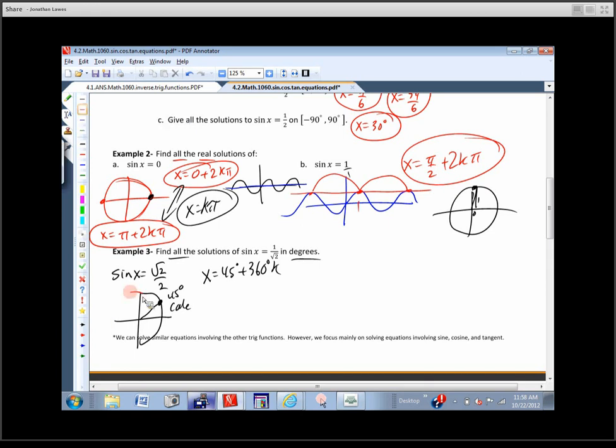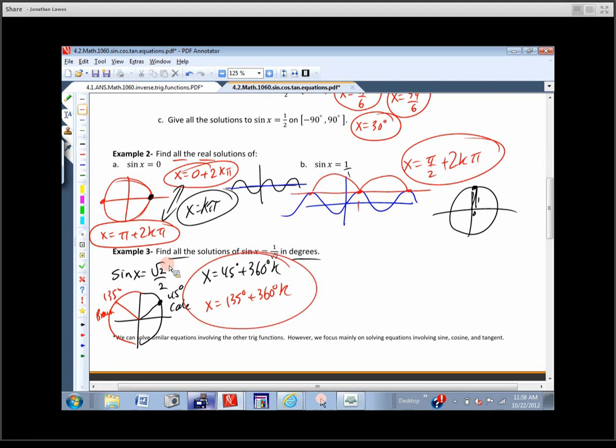So that would be over here, 135. So your calculator gives you the 45. You've got to use your brain to figure out the 135. So the other answer set is 135 plus. How often does that one repeat? Every 360 degrees, because you'd have to go all the way around a full circle in the clockwise or counterclockwise direction to get in the same place. Any questions there? Okay. Those two answer sets are the solution.